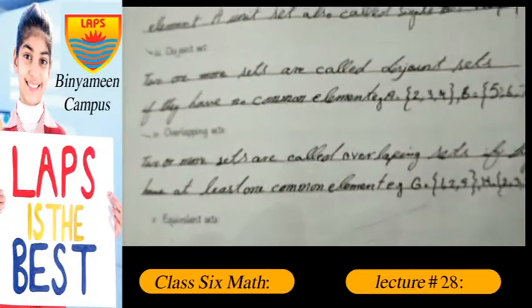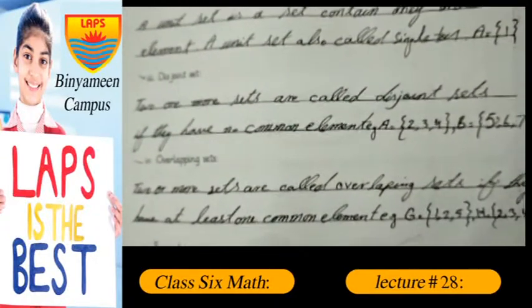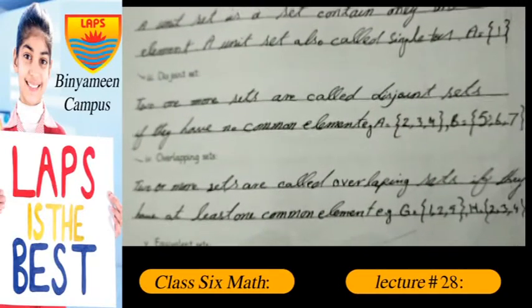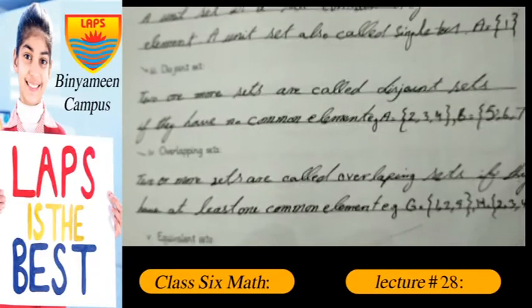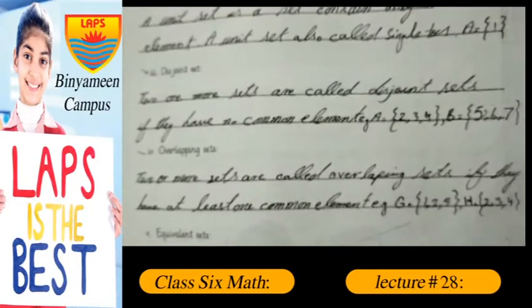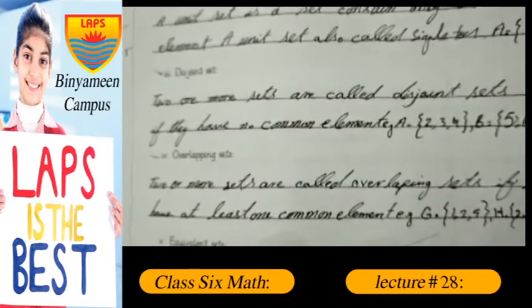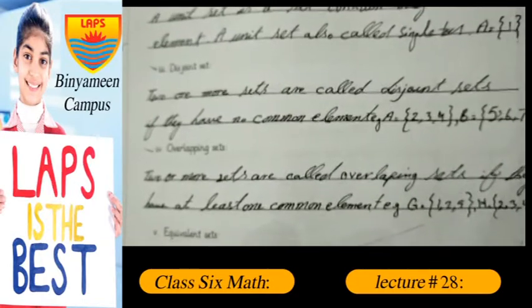And part 4, overlapping sets. Two or more sets are called overlapping sets if they have at least one common element.